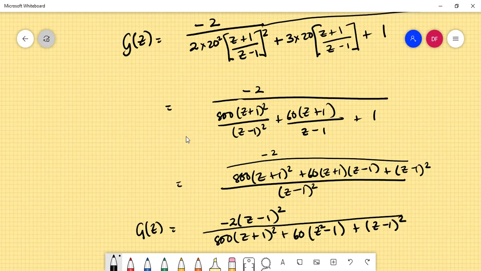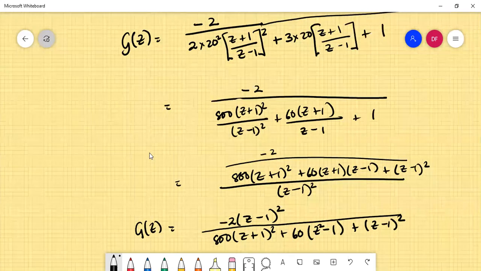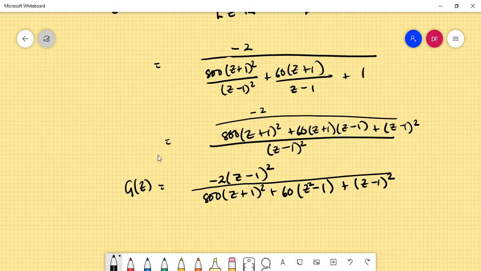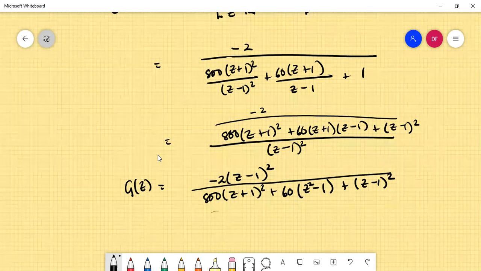So I'm leaving it at that for the time being, but as you can see, we can simplify this even more, which we're not going to do at this time. So this is our Z transform.